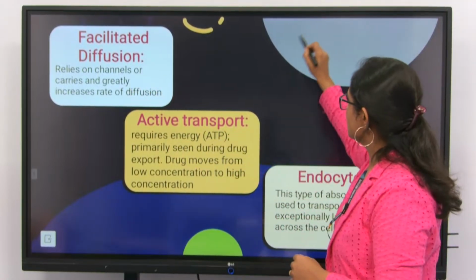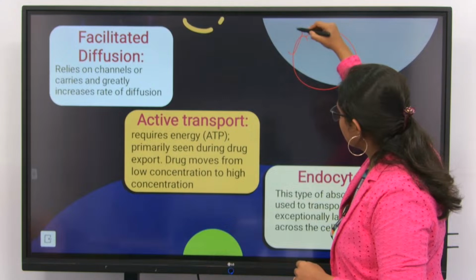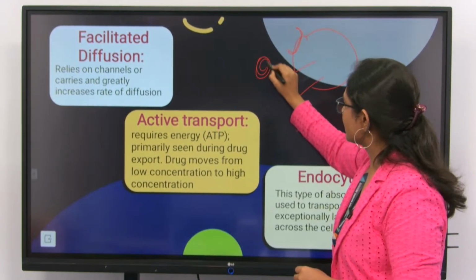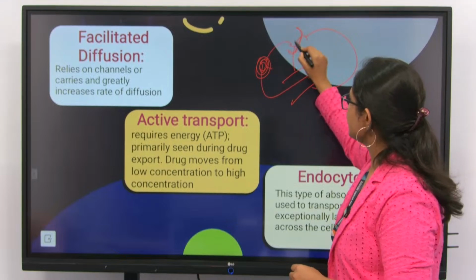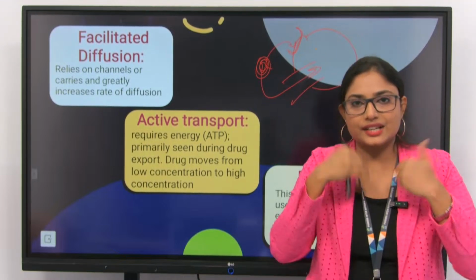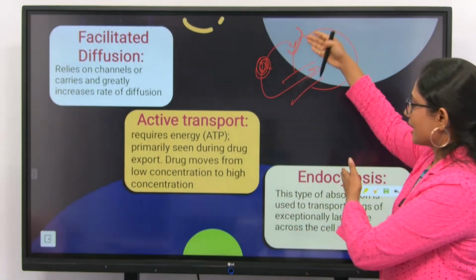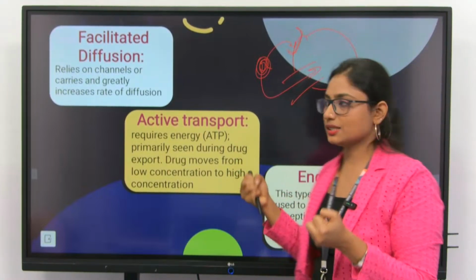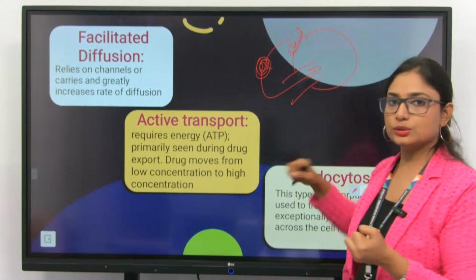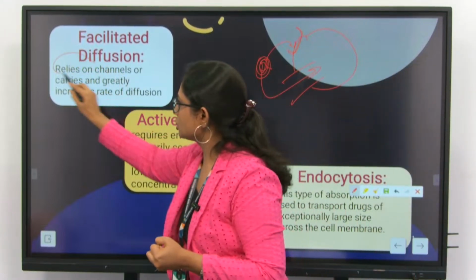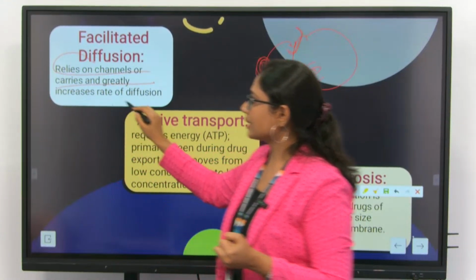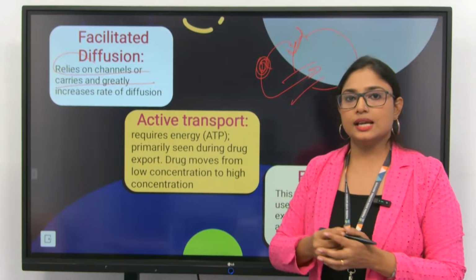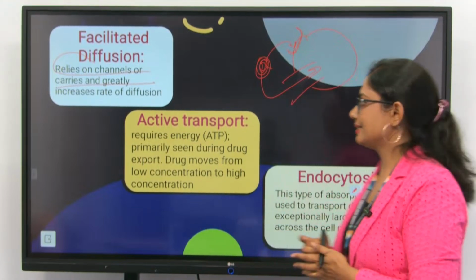That means there are carriers or channels that take the drug molecule into the cell and facilitate the movement. It relies on channels and carriers, and greatly increases the rate of diffusion. So with the help of these channels and carriers, it can easily get diffused into the cell.